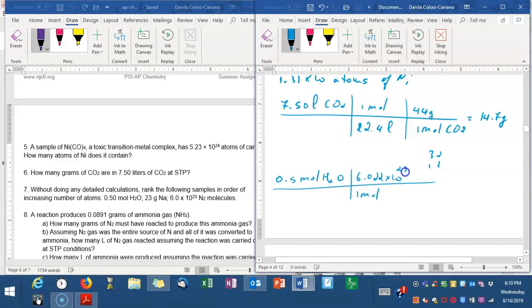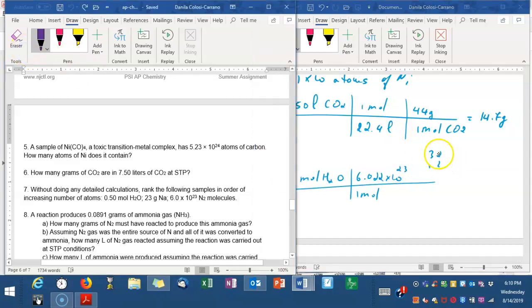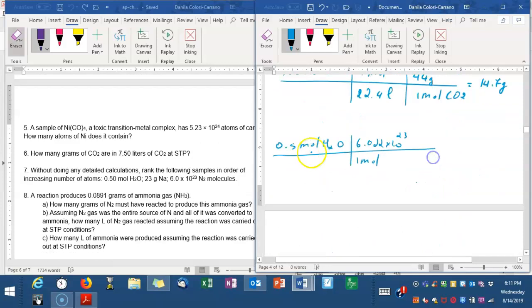This is just for you to see, because really you don't have to go through this whole thing. 0.5 moles of water contains that many molecules of water, right? And every 1 molecule contains 3 atoms, right? So this is the number of atoms in the water.